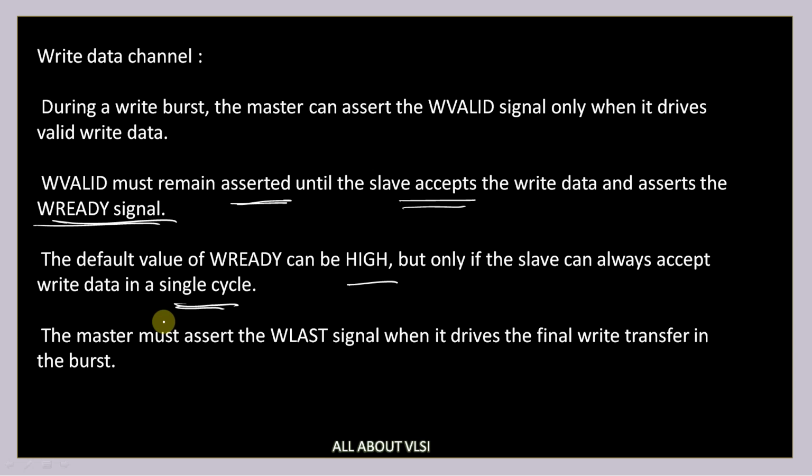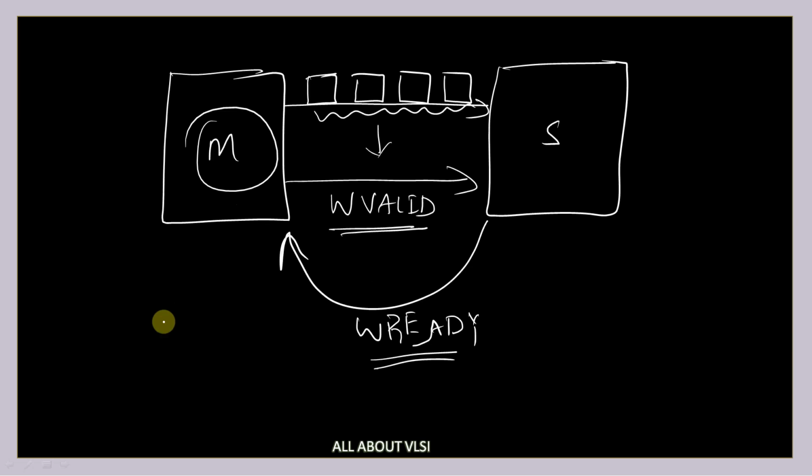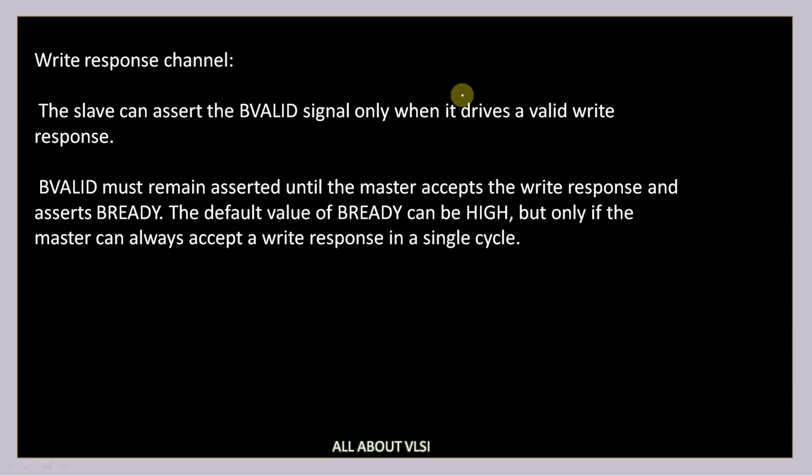It should keep the default value low. Whenever it feels it can sample the data and complete the transaction, it is going to make W ready high. And the master must assert the W last signal when it drives the final write transfer in the burst. We have already seen that the W last signal is asserted at the end of your burst. And next comes the write response channel.